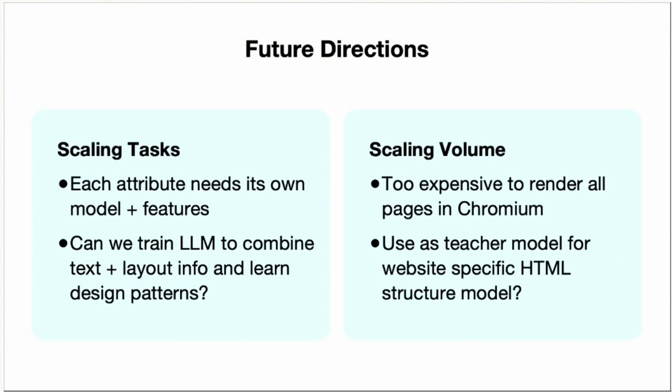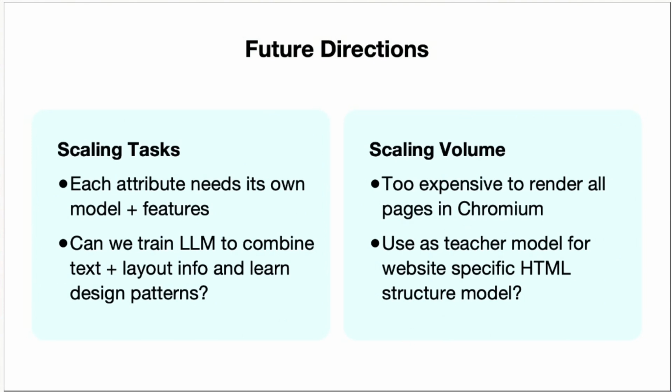The next is scaling the volume. While the model inference itself is really fast, it's simple XGBoost, we still have the expense of rendering the pages. Unfortunately, we didn't get rid of that. And we can't do that 1 billion times a day. And also, all the merchants are going to complain to us for getting so many resources. So what we want to do is go back all the way to that first model, but take humans out of the loop.